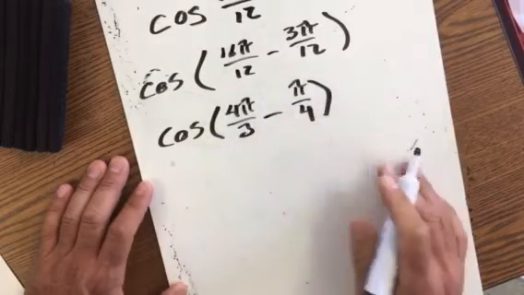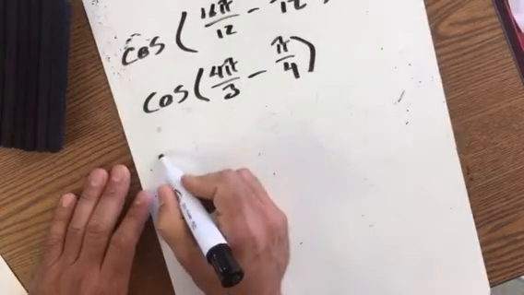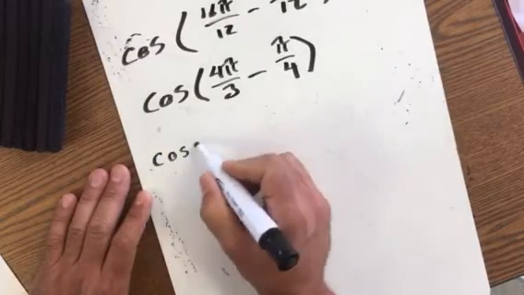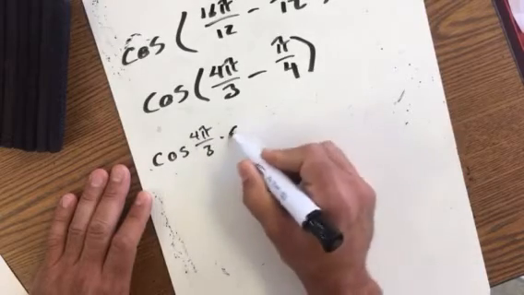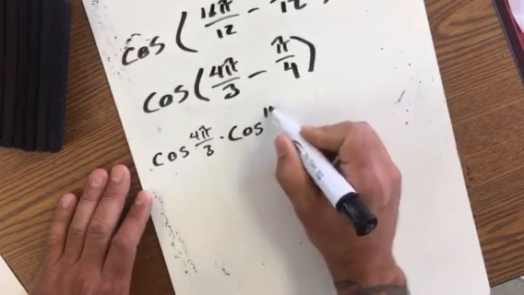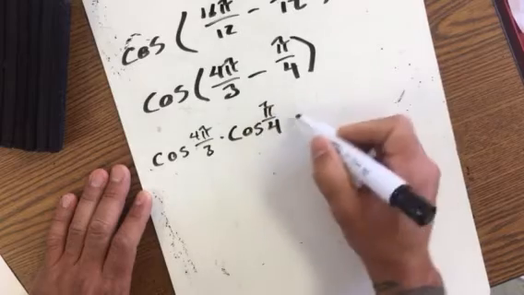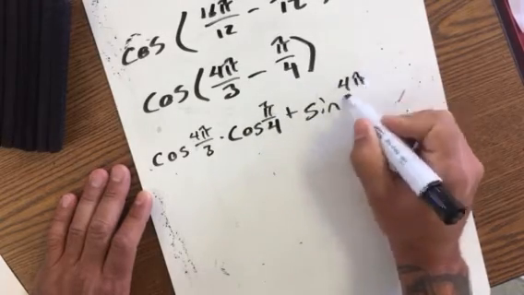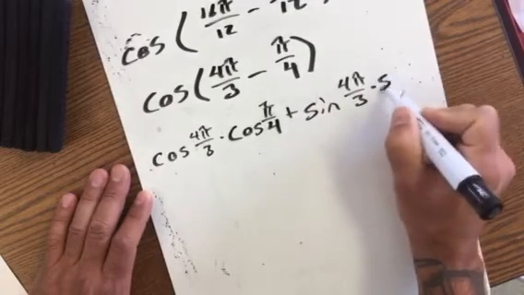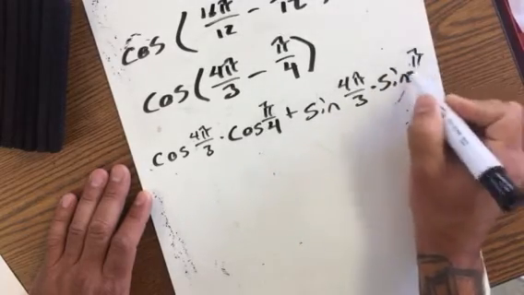So just trying to figure out ways that this would work. So I'm going to do the cosine of 4 pi over 3 times the cosine of pi over 4 plus the sine of 4 pi over 3 times the sine of pi over 4.